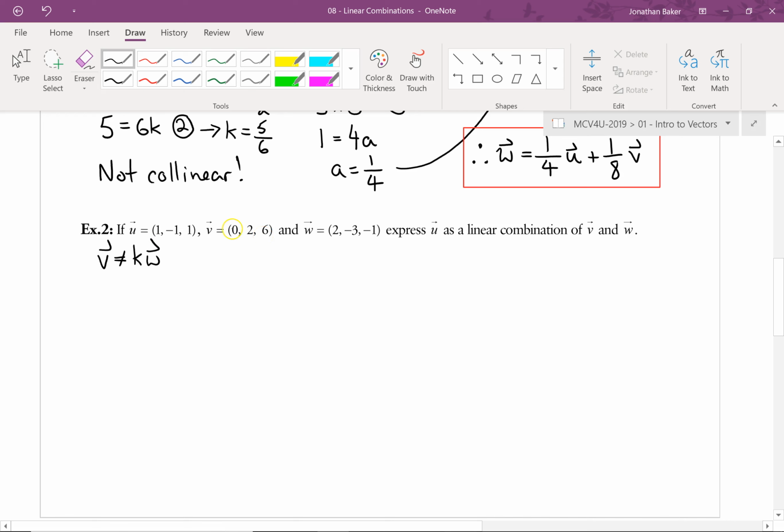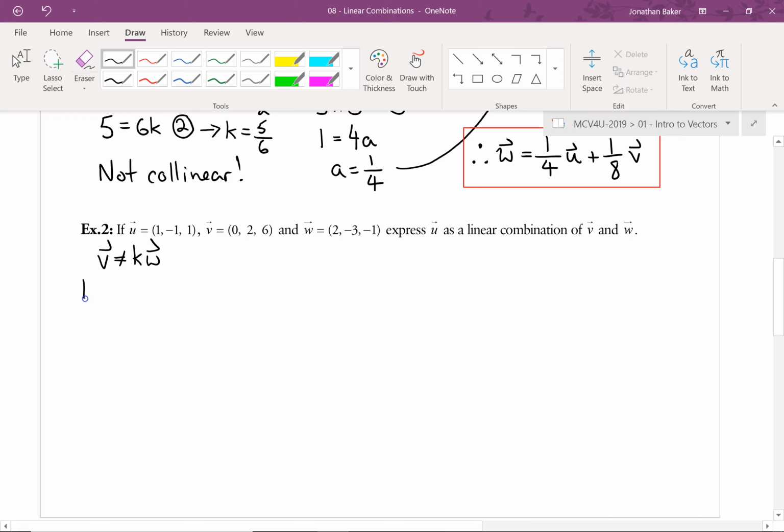Even if we had a 1 there, we could double 1 to get 2, but then we would have to double 2 and see a 4 over here, and 6 would have to mean a 12. Literally, all the components would have to be proportional, and that's the key.